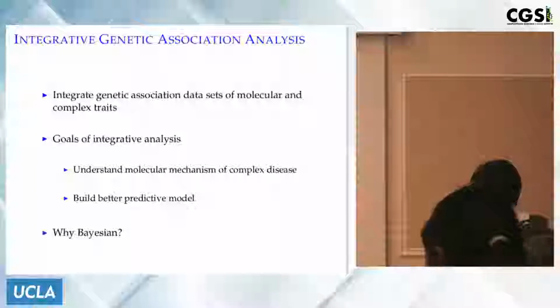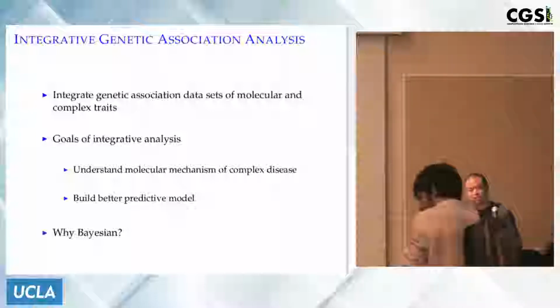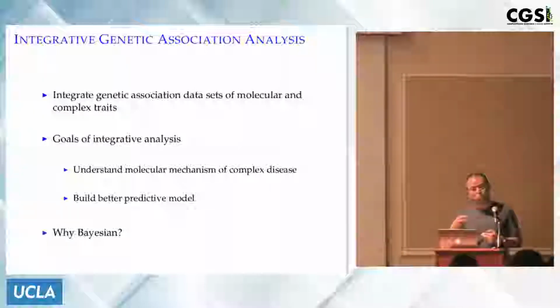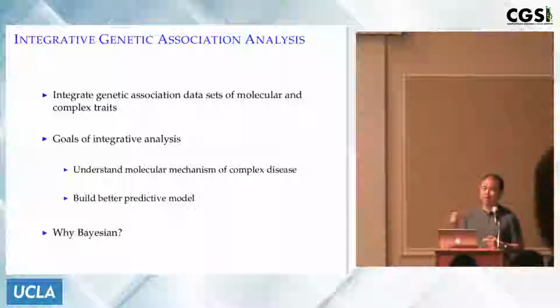So I'm trying to make a point. The integrative analysis always has, in my personal view, two different goals. One is trying to understand or elucidate the underlying molecular mechanism of complex disease, right? We know that DNA impacts RNA and then impacts the complex traits.